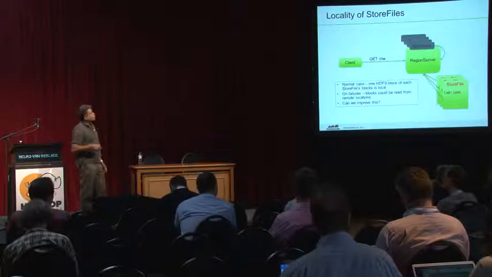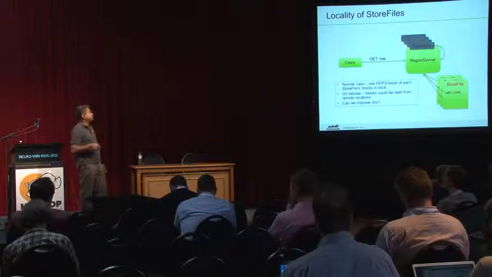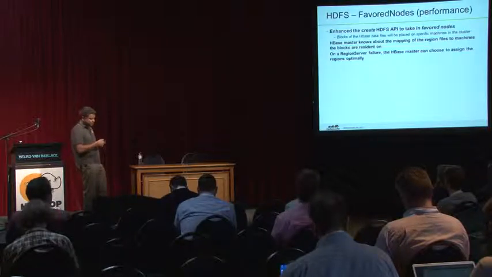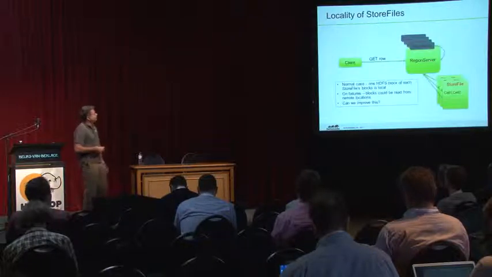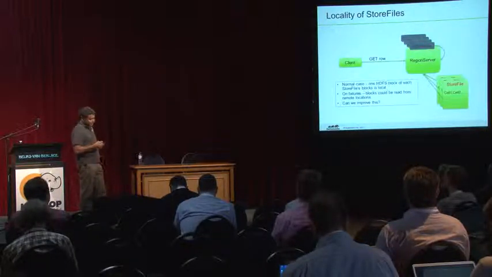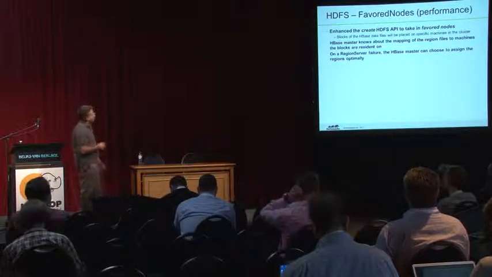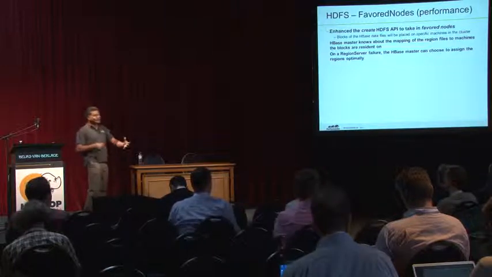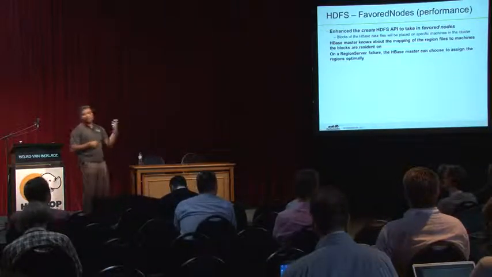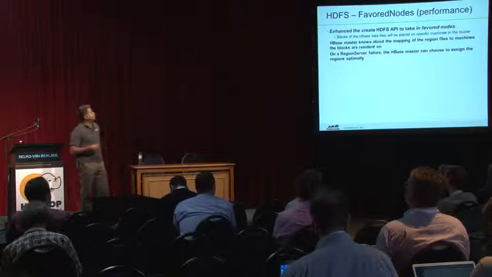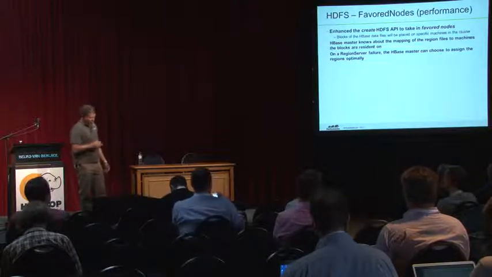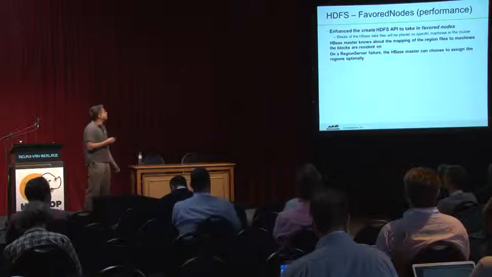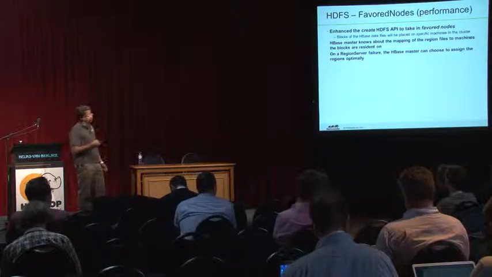So all the blocks of these files are stored on those 3 nodes, okay? And the HBase master is aware of this mapping, okay? So when this server fails, the new server that is chosen for the regions would be one that has all the blocks local again, right? So the new server would read everything locally. So it doesn't do any network I/O at that point. So this is more optimal than the previous case, where it would read off the network. Okay.